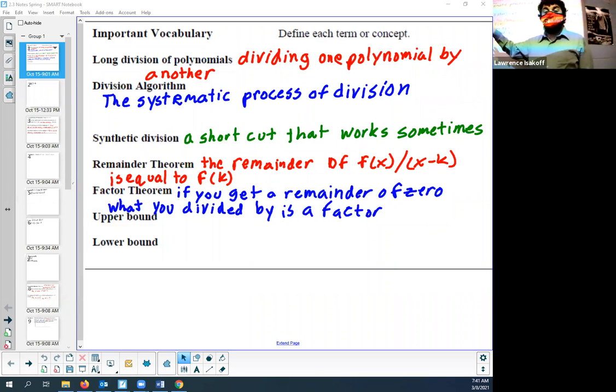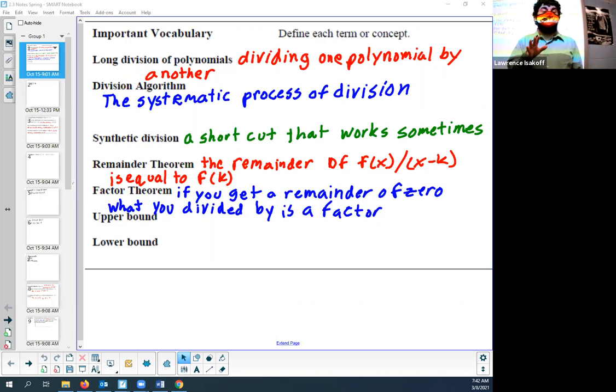Synthetic division, which we will cover in Wednesday's lesson, is a shortcut that works sometimes. There are specific cases where synthetic division works, and when you get one of those cases, if you choose to use synthetic division versus long division, you're absolutely fine doing it that way.